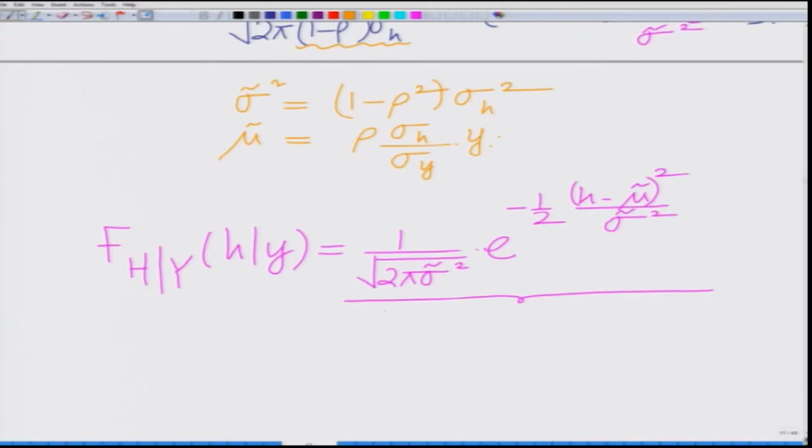So, this is basically a Gaussian distribution with mean equals mu tilde and variance equals sigma tilde square.